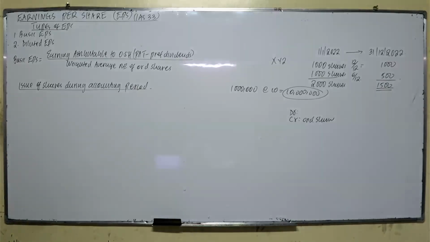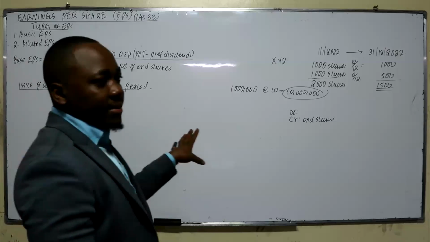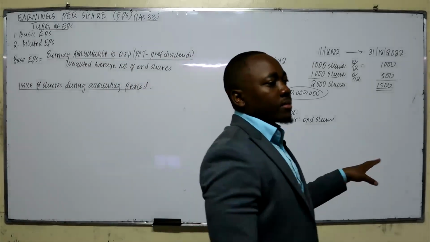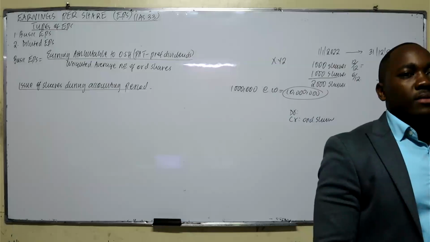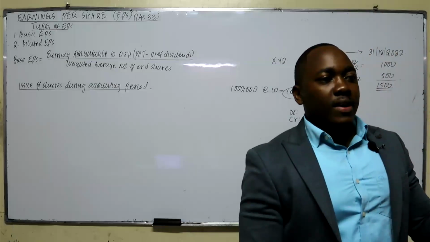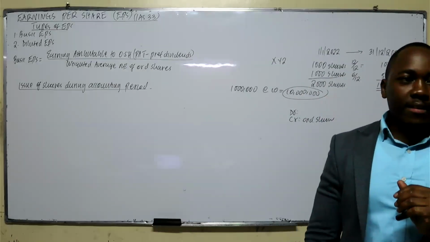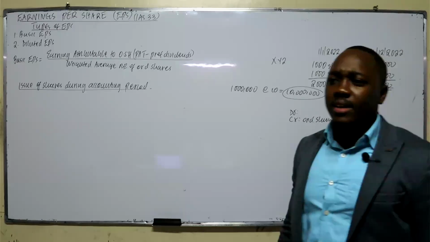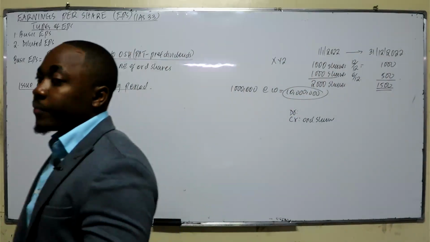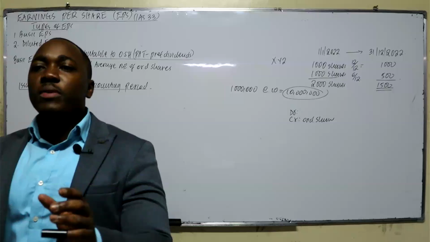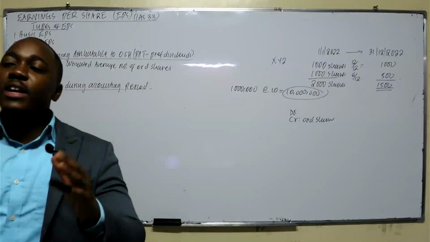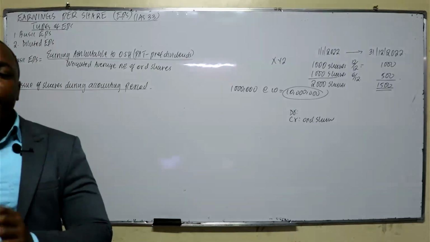How does the company finance this free issue of shares? It uses existing resources. So which are those resources? Those are reserves. For example, they transfer that amount from the retained earnings, or from the revaluation reserves, or from any other reserve.